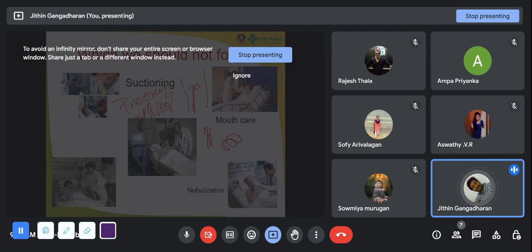Then, in a circulatory motion, you have to take out the catheter. The maximum time for the suction should be less than 20 seconds. You should not suction for more than 20 seconds. Soon after you take the suction back, you have to oxygenate the patient. This is how suctioning is done.